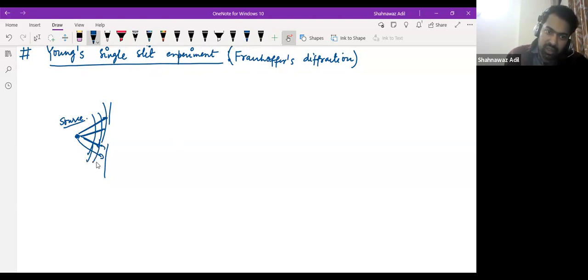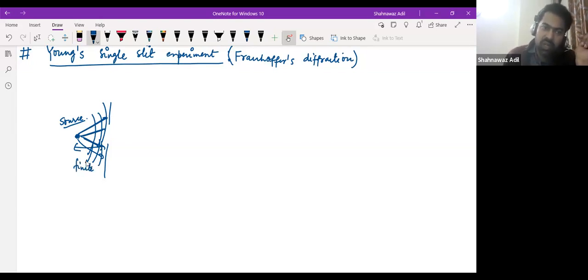But is this Fraunhofer? This experiment we are doing in the lab. So is this Fraunhofer diffraction? The source is there, the slit is there. So is this Fraunhofer's? No, right, because this is finite, so this is not Fraunhofer.